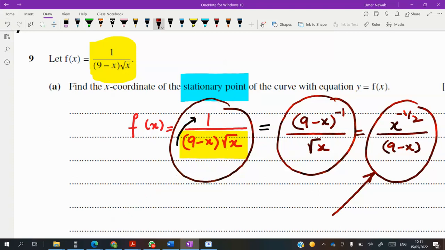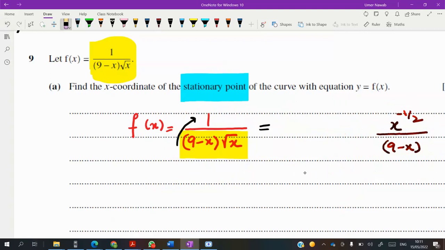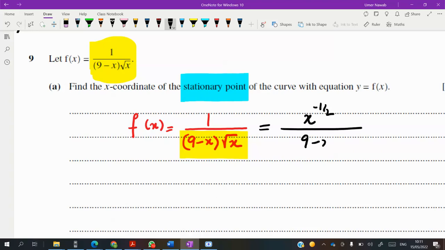So let's go to the form which I am recommending. I want to send square root of x up, so it becomes x to the power minus 1 over 2, and down is 9 minus x. I'm ready to apply the differentiation. So f dash of x. What is the quotient rule?